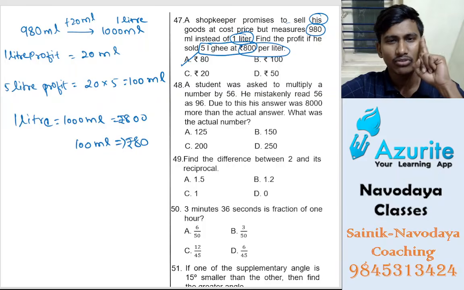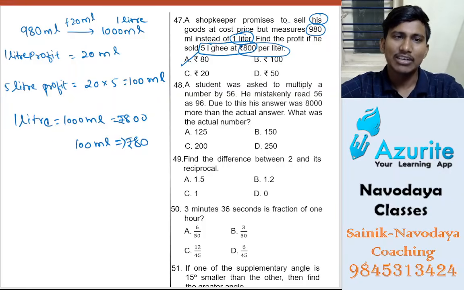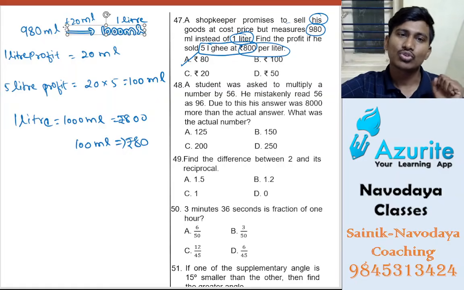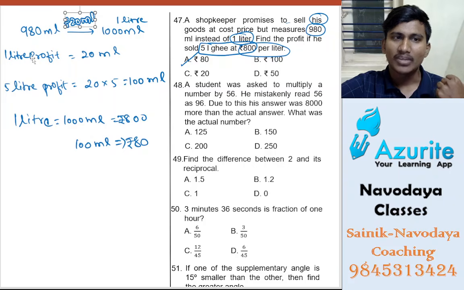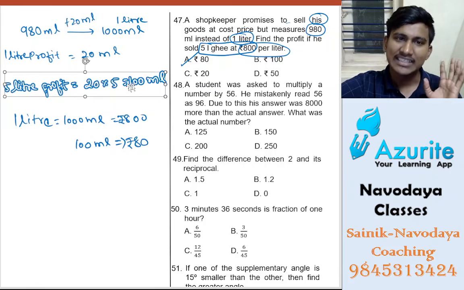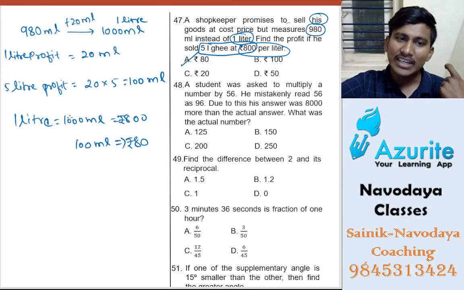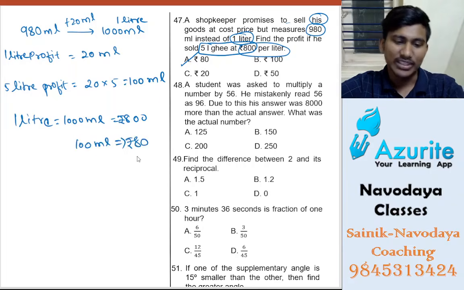So that is how you have to find for 5 liters. You first find the profit for 1 liter. He is giving 980 ml only for 1000, so 20 ml is the profit. So for 5 liters it is 20 into 5, 100 ml. So 1 liter is 800 rupees, 100 ml will be 80 rupees. Understood?